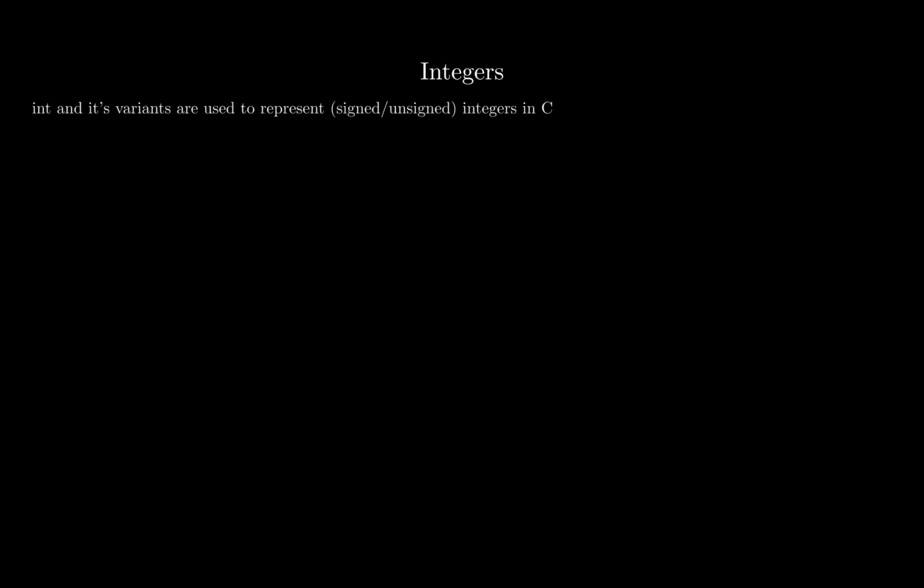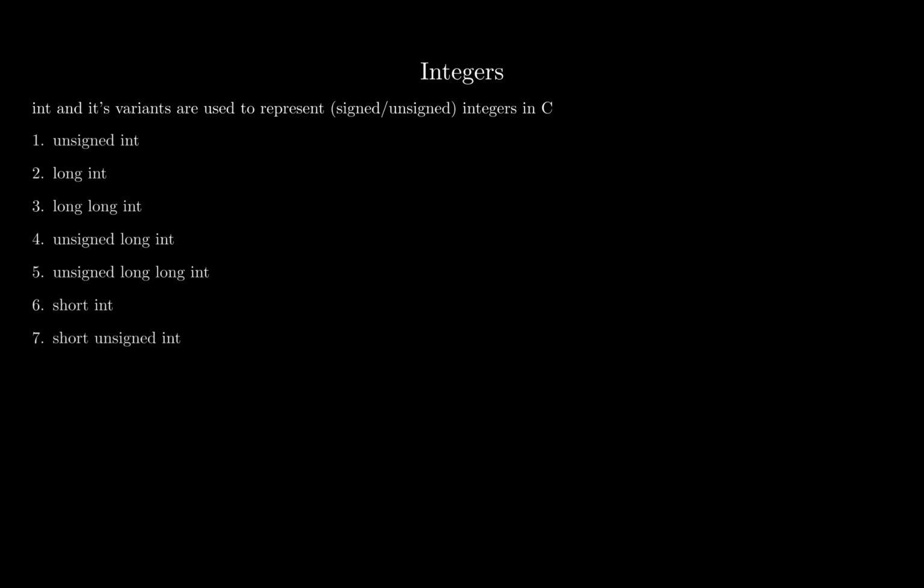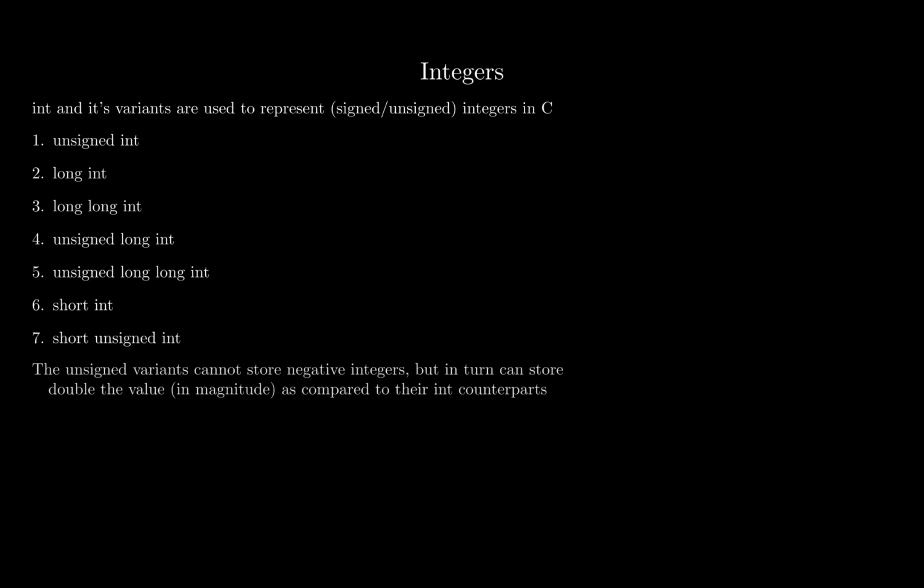So integers, duh, and then you have all these variants apart from just plain int. You have unsigned int, long, long long, unsigned long, long long, short, and short unsigned. So the unsigned variants are not going to store the sign, obviously, so they can only represent zero and positive integers.